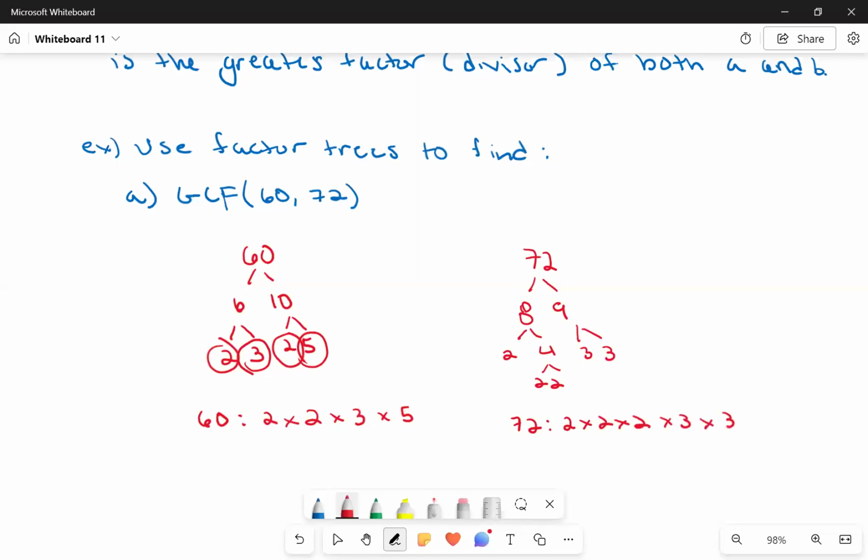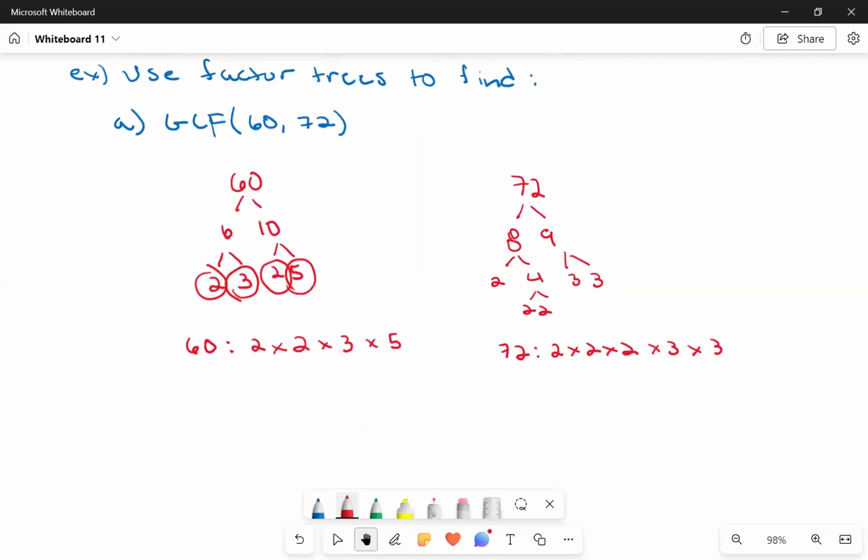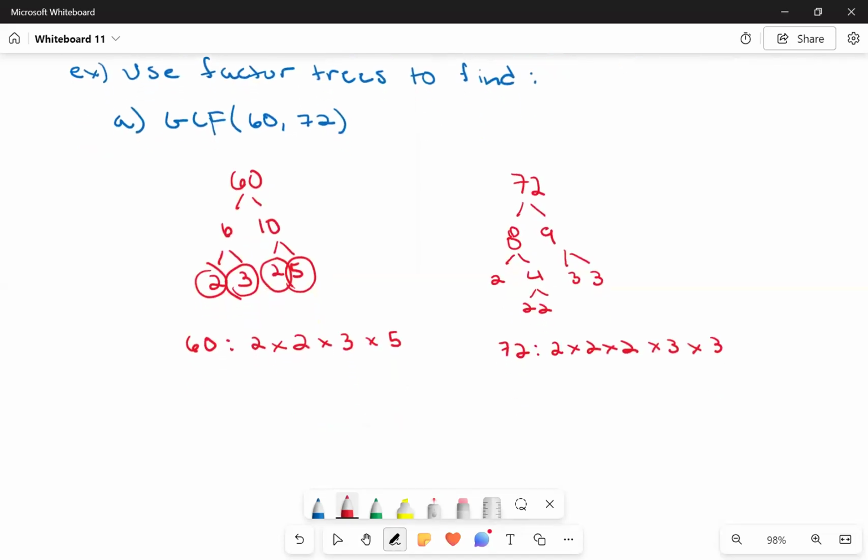Okay, so now that I've got those prime factored, I'm going to line up the factors that they have in common. So for 60, it was 2 times 2 times 3. But I'm going to give a little bit of space here and put the times 3 over here. And then I'm going to give a little more space and put the times 5 over here.